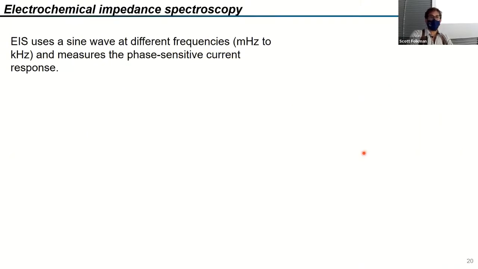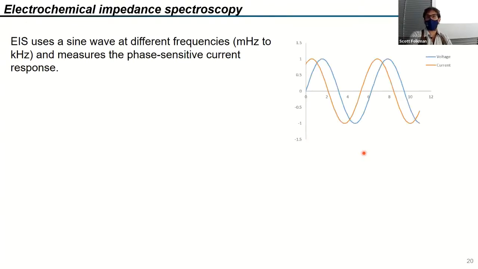Changing topics now, electrochemical impedance spectroscopy applies a sine wave at different frequencies, usually around 5 millivolts, usually from the millihertz to kilohertz range. And what it measures is the phase-sensitive current response.